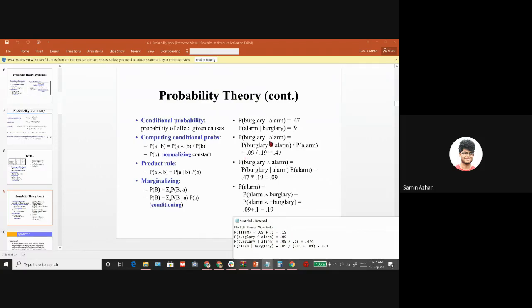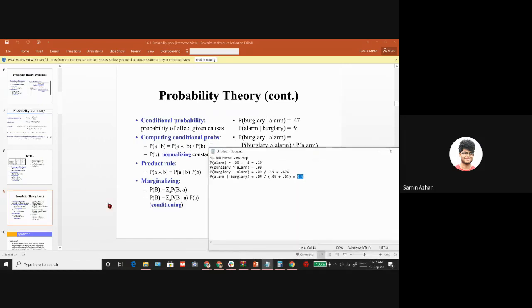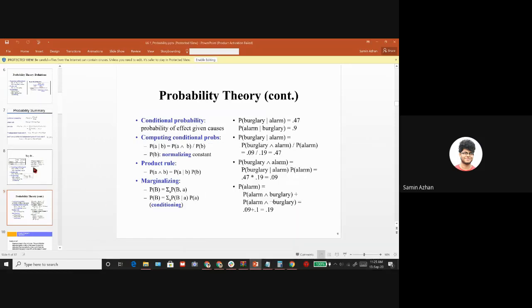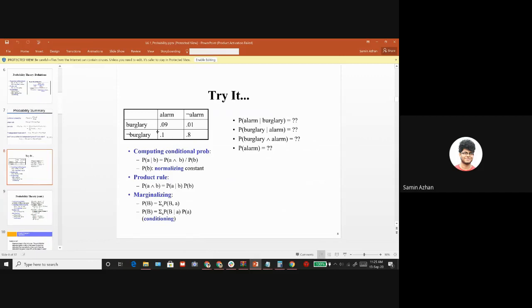And the probability of burglary given alarm is true is 0.47. We got it right. And the last one, the probability of alarm given burglary is true, is 0.9. So we have that as well. So do we understand, if a table like this is given, how we can calculate different probabilities and conditional probabilities?